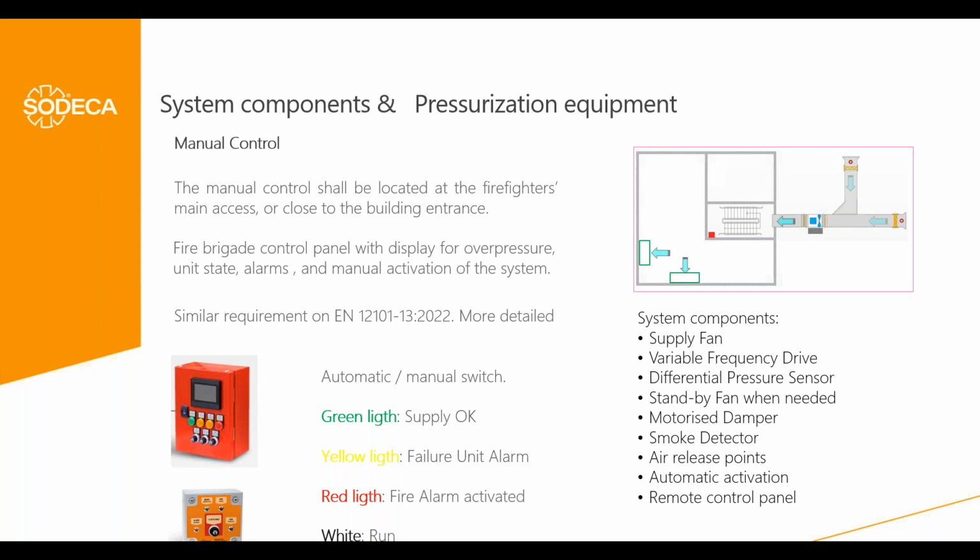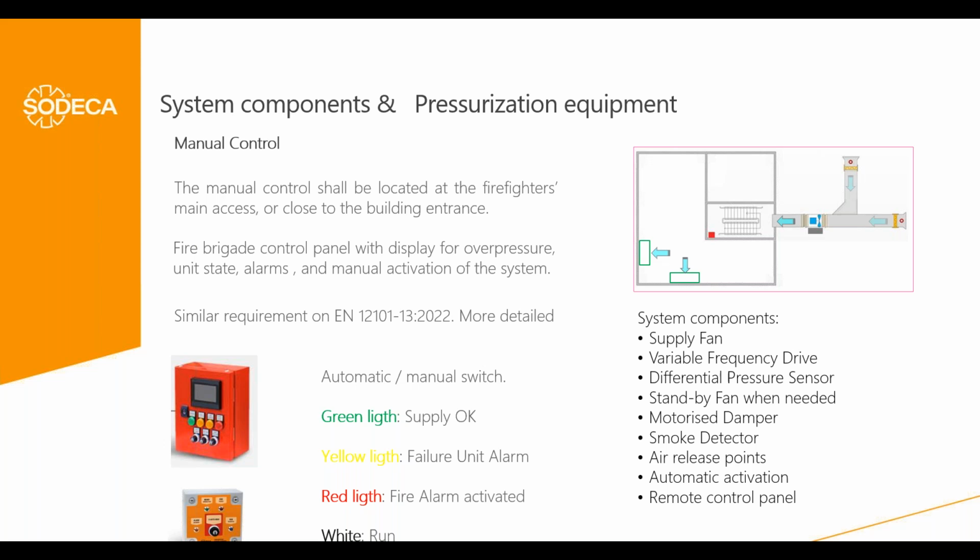The system, in its normal situation, is in automatic, waiting for receiving this activation signal from the smoke detection system. But it's possible for the firefighters, if when they arrive the system has not been automatically activated, to manually activate it, or even deactivate it if they prefer.